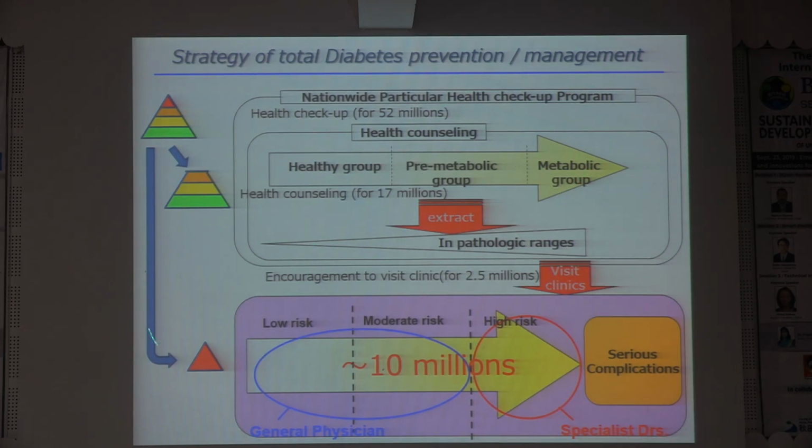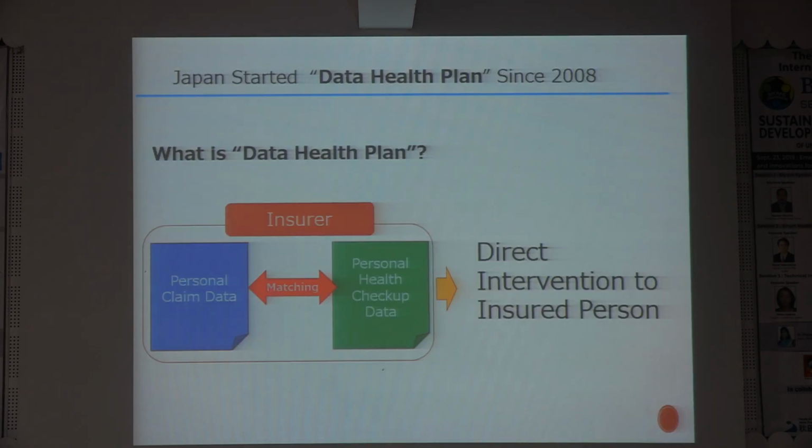And then we send this red group, the affected group, to the medical field. And we manage the role sharing between general physicians, meaning non-specialist doctors, and specialist doctors for the high risk and low risk disease, to decrease serious complications.